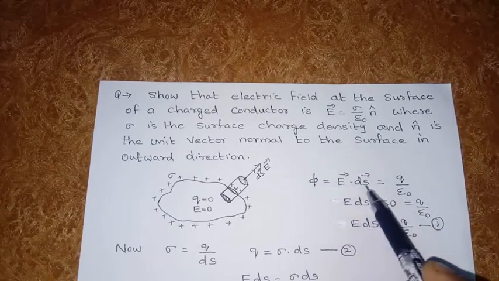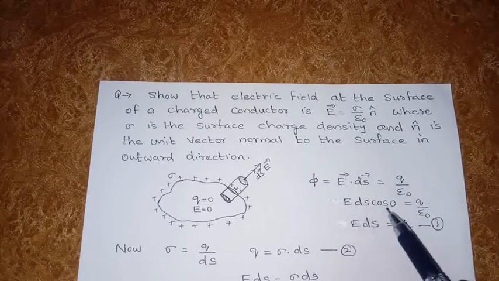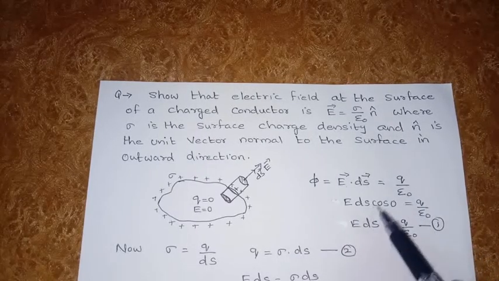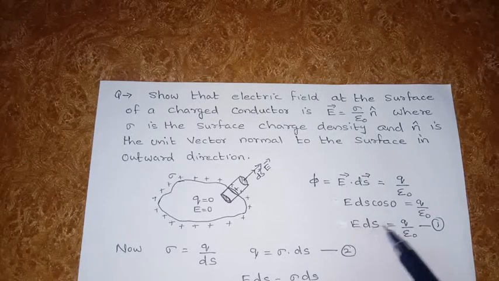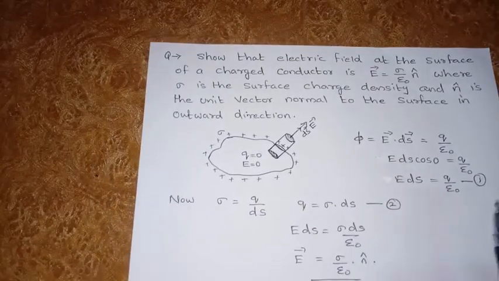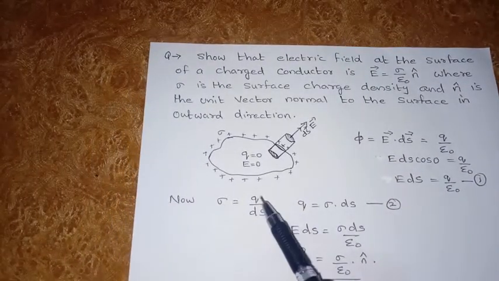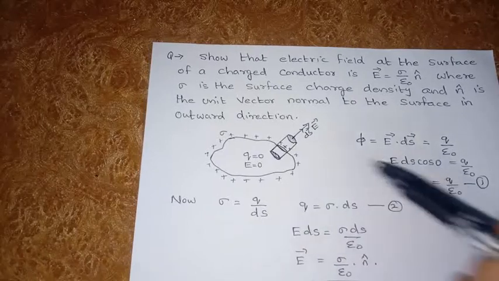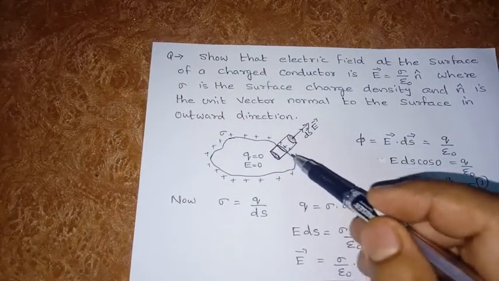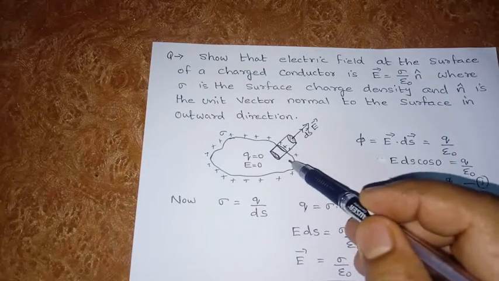Therefore E dot ds can be written as E ds cos 0, that must be equal to Q by epsilon 0. That will be E ds is equal to Q by epsilon 0, because cos 0 is equal to 1. Now the surface charge density sigma is equal to Q by ds, where ds is the area under consideration. So this area is ds only.